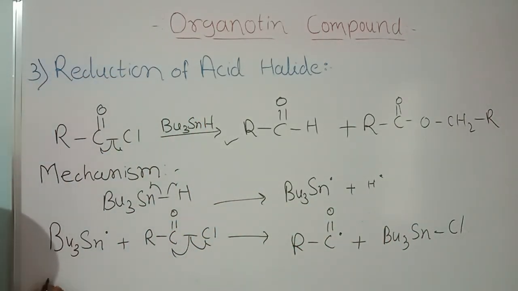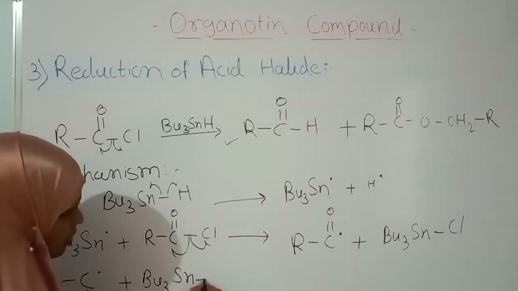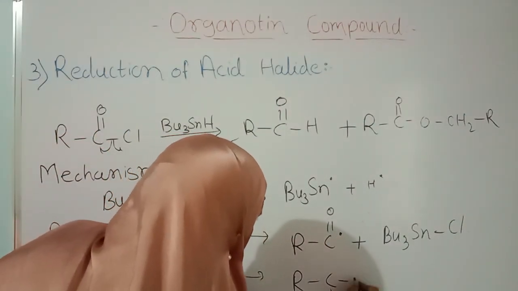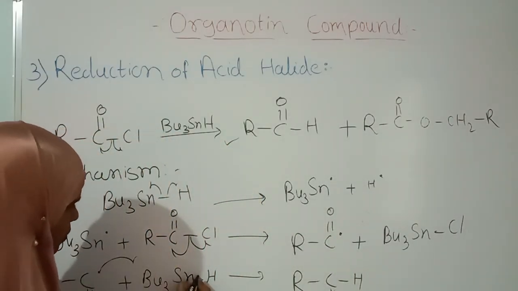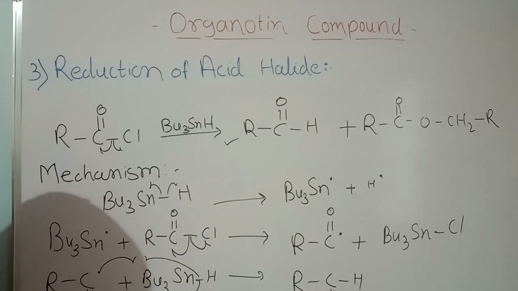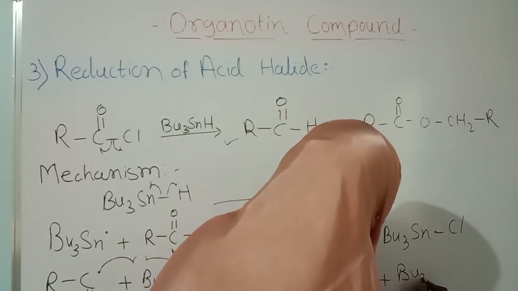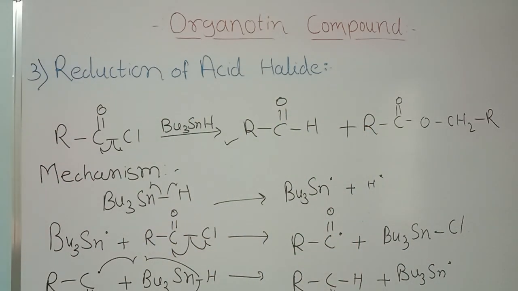Okay, RCO, Bu3Sn hydride, then we get RCOH. Okay, and the side product is Bu3Sn radical. Okay, completed. The next step we discuss.